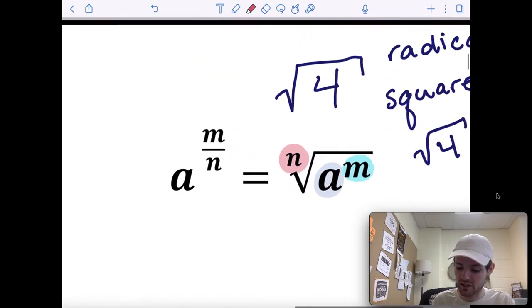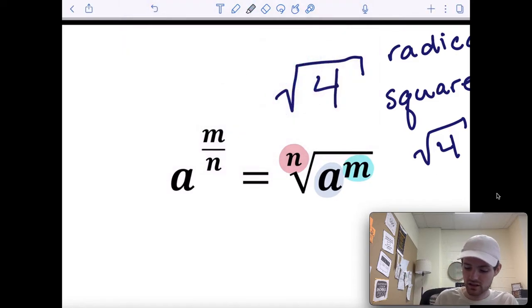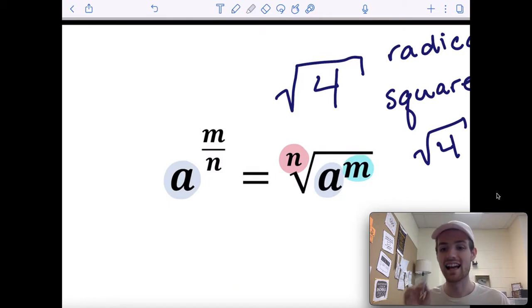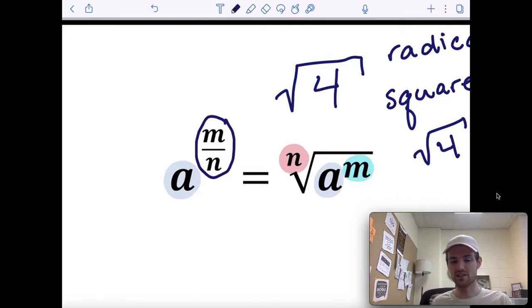The goal for today is that you will be able to see the patterns, because we can write it with the radical symbol, or we can just write it as a fraction exponent. See how right now this whole thing, m over n, it's a fraction, but that whole fraction is the exponent.